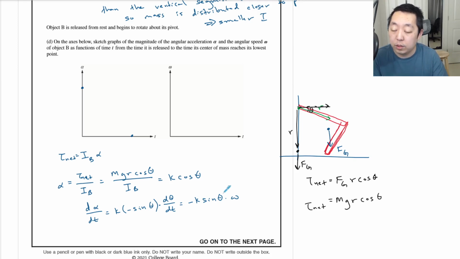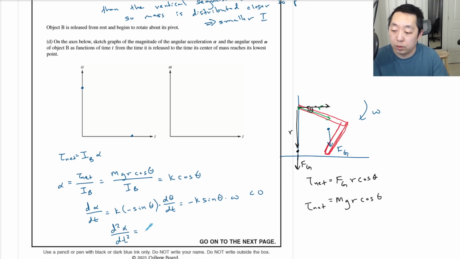Omega is positive, we're saying this direction is positive, so this is negative, and sine is always positive because we're going from theta 0 to pi over 2. So this whole thing is less than 0, which means it's decreasing. And that's what we knew. We knew it started there and went there. So that's nothing helpful.